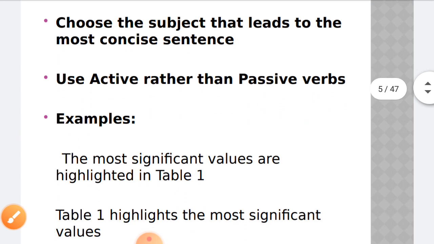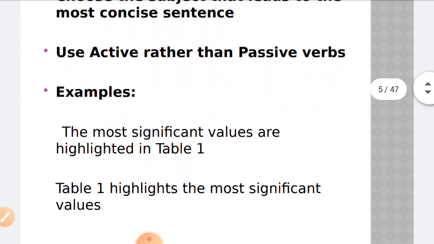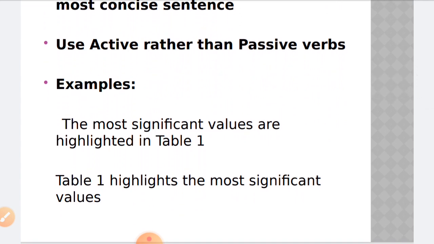Next, choose the subject that leads to the most concise sentence and use active rather than passive verbs. Let us consider these examples. Sentence 1: The most significant values are highlighted in Table 1. The second sentence: Table 1 highlights the most significant values.